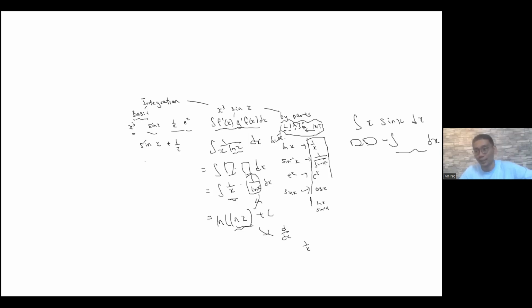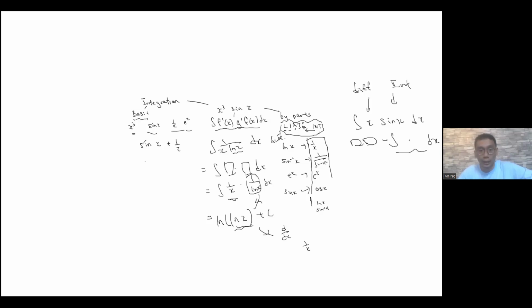So you should pay attention to one of the components: you need to reduce the power. After you reduce the power, it becomes more conducive to differentiate. Obviously, looking at these two, we will want to reduce the power of x. That's why this one will be a differentiation, whereas this one will be an integration.